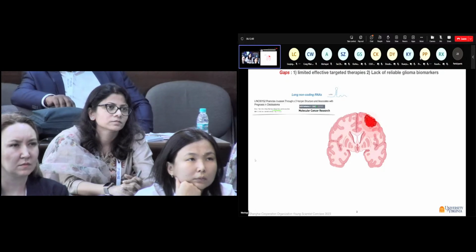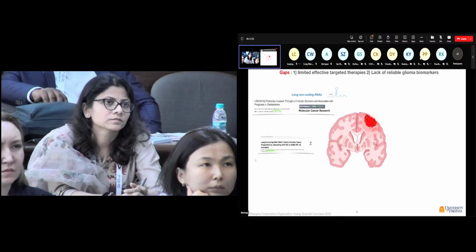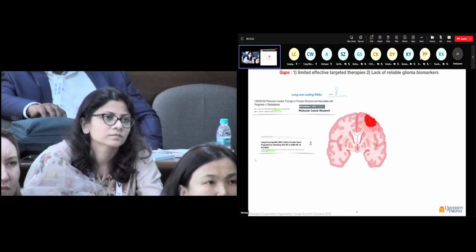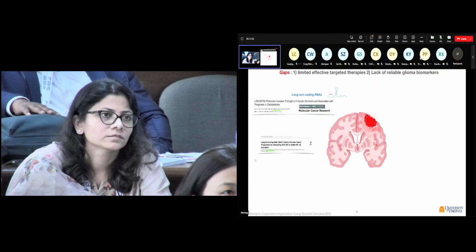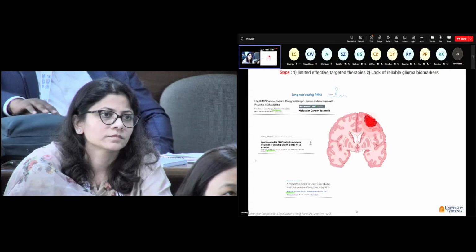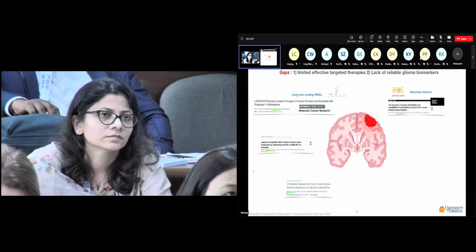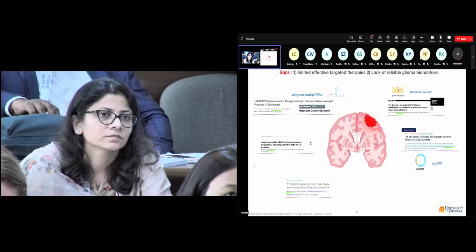Linc0152 and DRAIC are some of the long non-coding RNAs which were characterized and associated with the lower grade glioma patient survival during my postdoc. We have also identified a set of 8 long non-coding RNA which can be used as prognostic signature for lower grade gliomas. Germline variants and also extracellular circular DNA can be used as biomarker for gliomas and many other cancer.